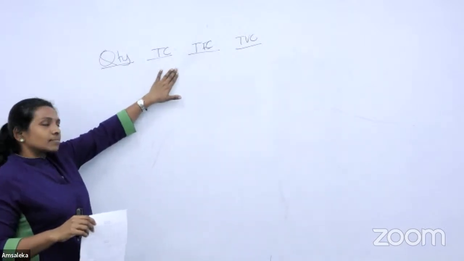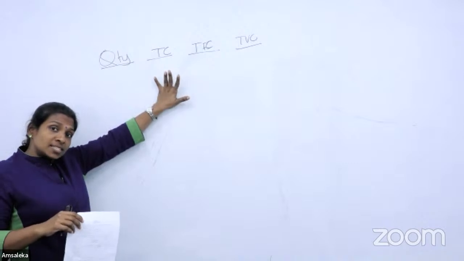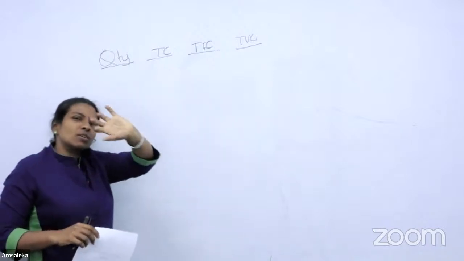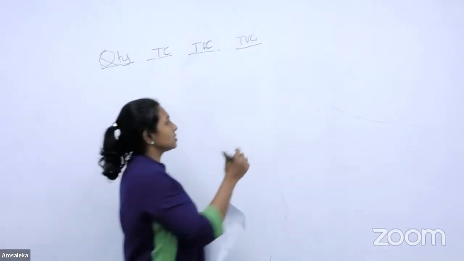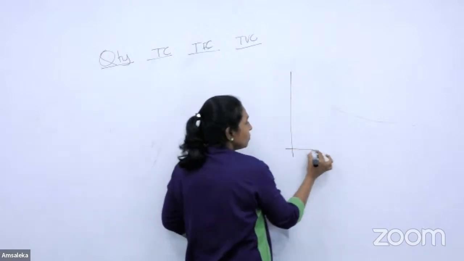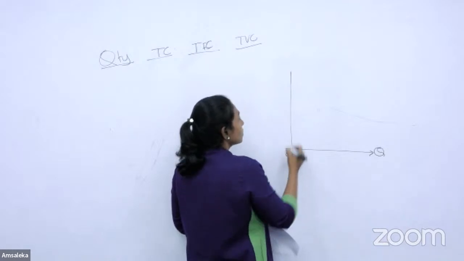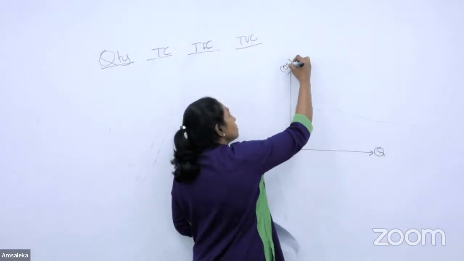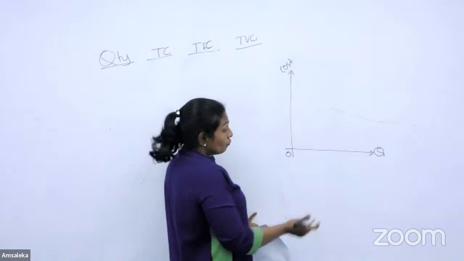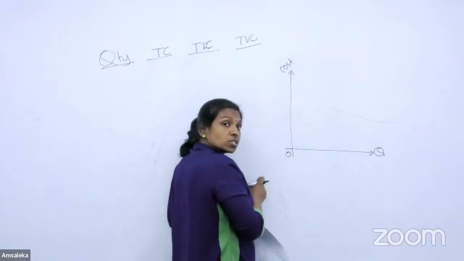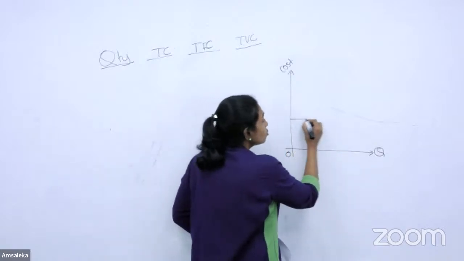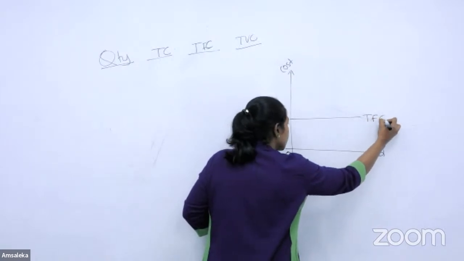Before I prepare this table, let me explain diagram-wise. Quantity and cost. Whatever quantity you produce, total fixed cost remains constant.